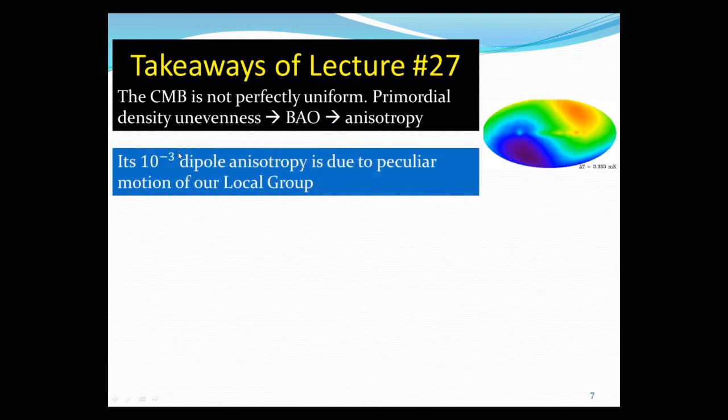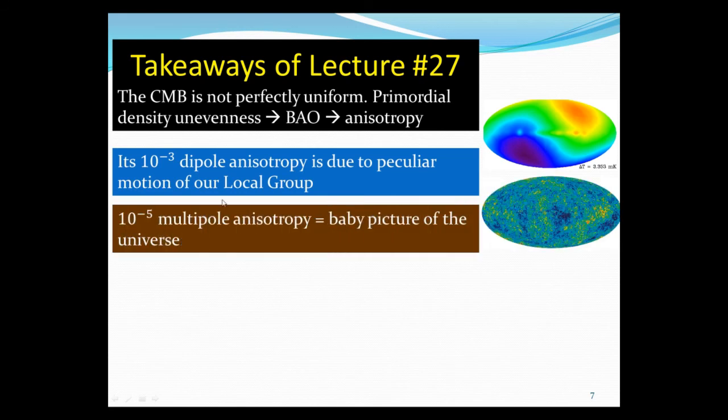At 1 part in 1,000, there's a dipole anisotropy, which is due to the peculiar motion of our local group of galaxies. And at 1 part in 100,000, the multipole anisotropy can be thought of as a baby picture of the universe when it's 380,000 years after the Big Bang.